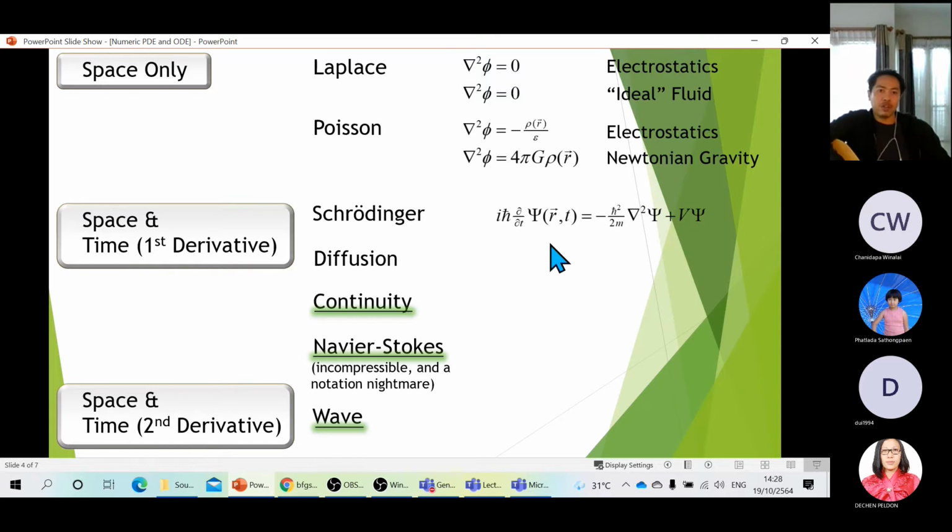That's an example of the Schrödinger equation in quantum mechanics and the diffusion equation. You know that these two are the same, at least in the structure of the mathematics. You have the first derivative of t on the left hand side. On the right hand side, you get the second derivative, the Laplace operator. But for quantum mechanics, you have this i number, which makes the whole thing more exciting.